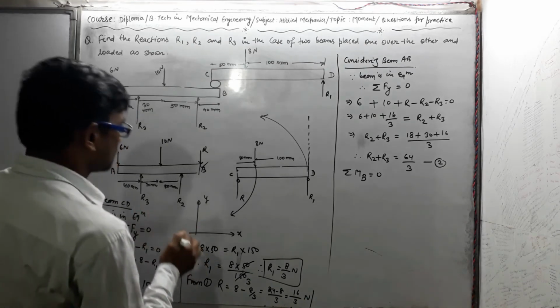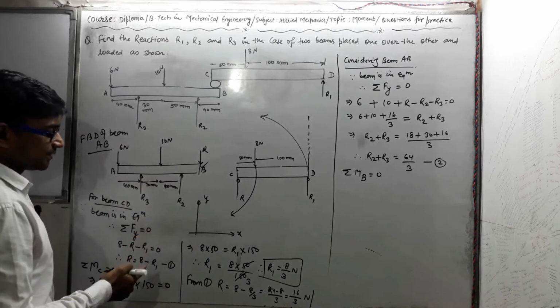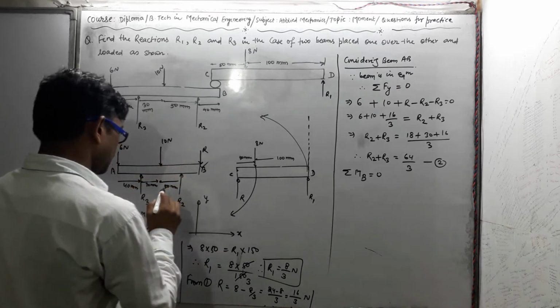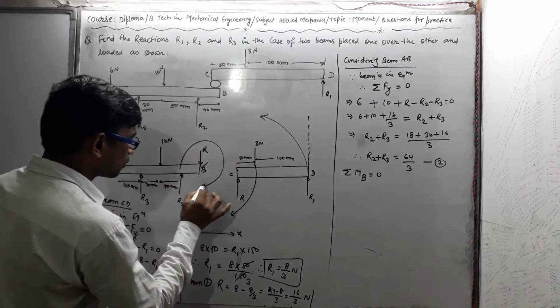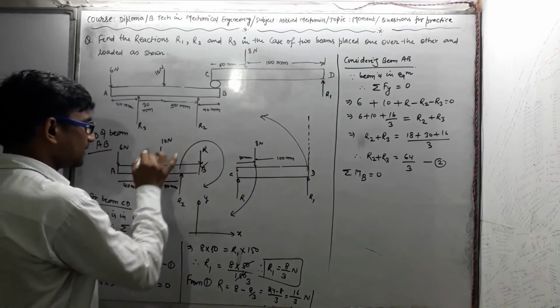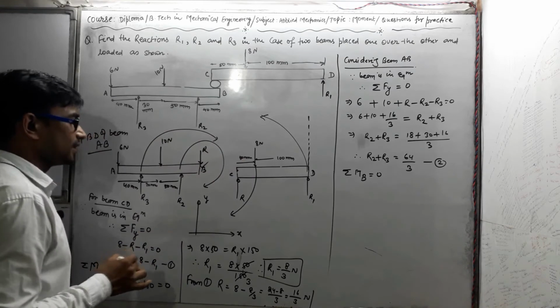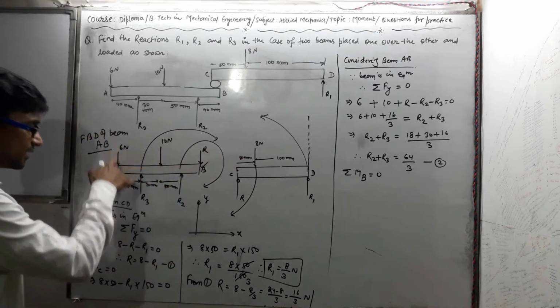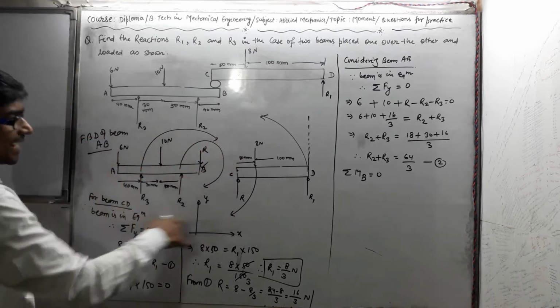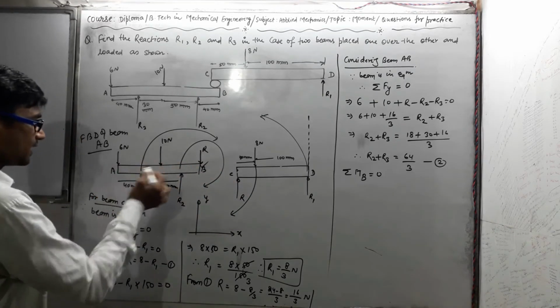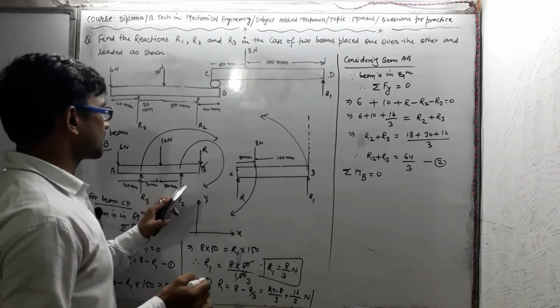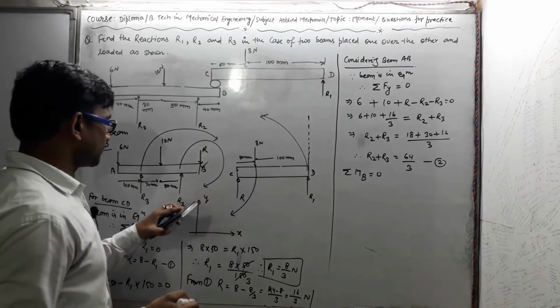So considering clockwise moment as positive, for the beam AB, R2 will create a clockwise moment and R3 will also create a clockwise moment, and the remaining 6 Newton is producing an anti-clockwise moment, and 10 Newton is also producing an anti-clockwise moment.